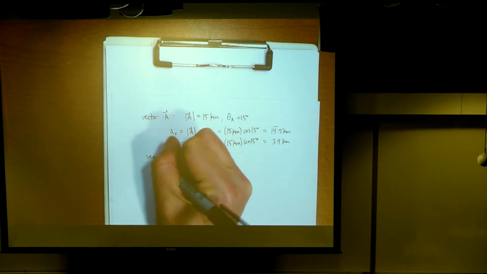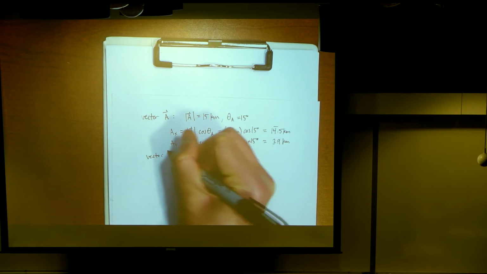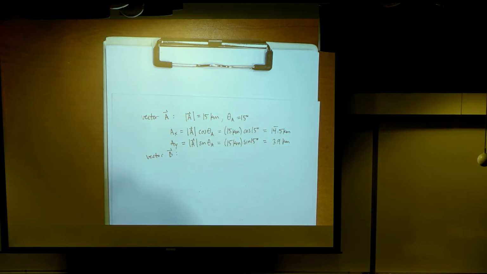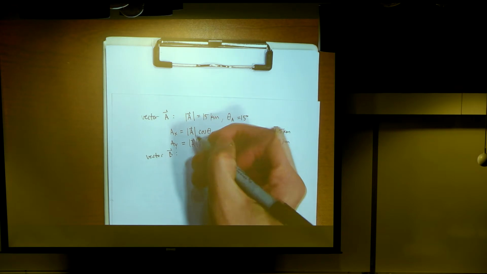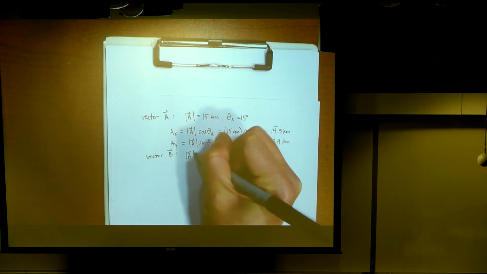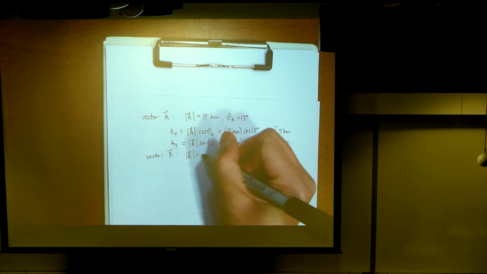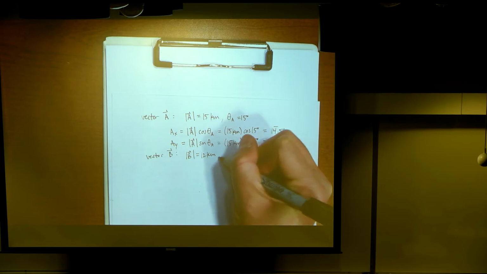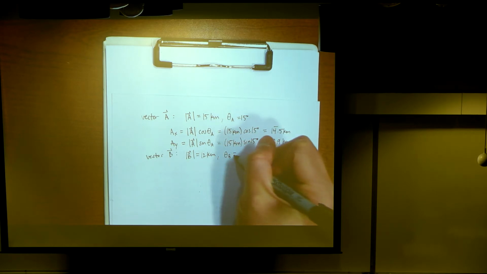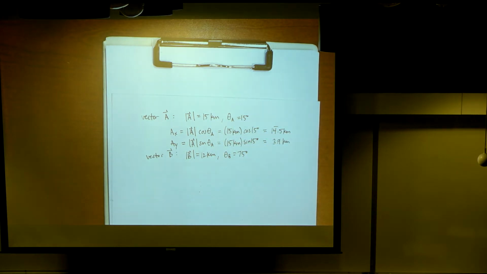Okay, what about vector B? We can do the same thing with vector B, right? We can break it into its x and y components. This one has a magnitude of 12 kilometers and a direction of 75 degrees.